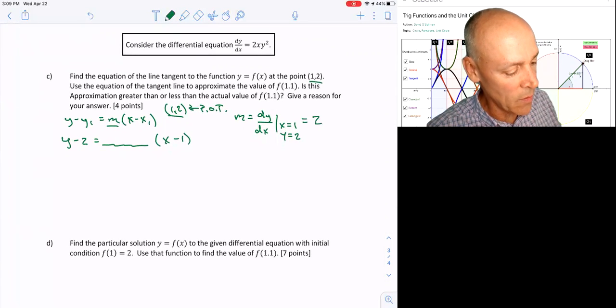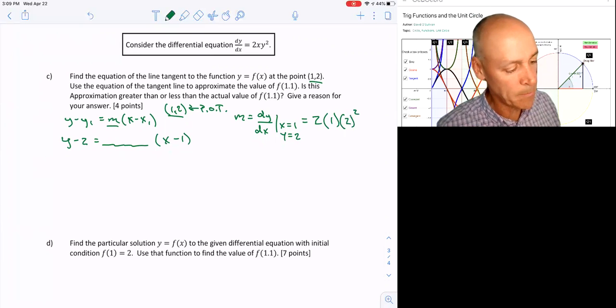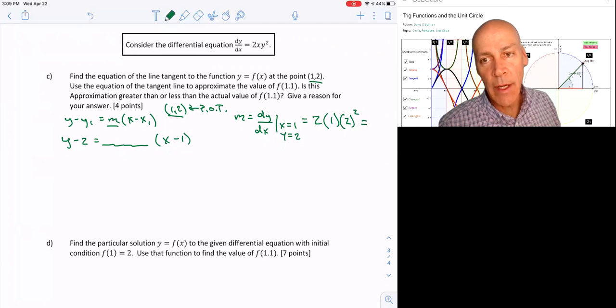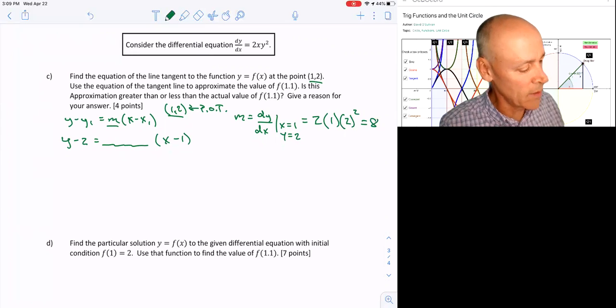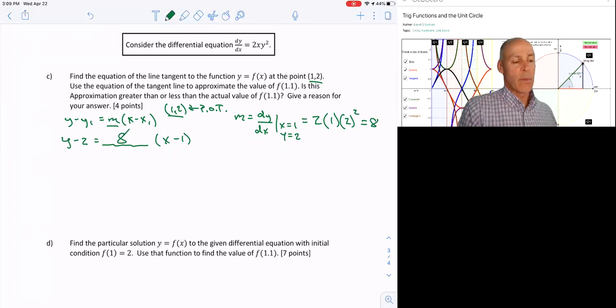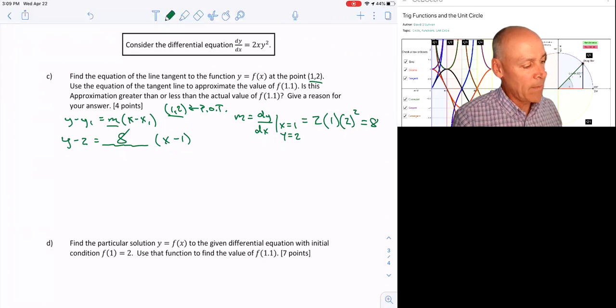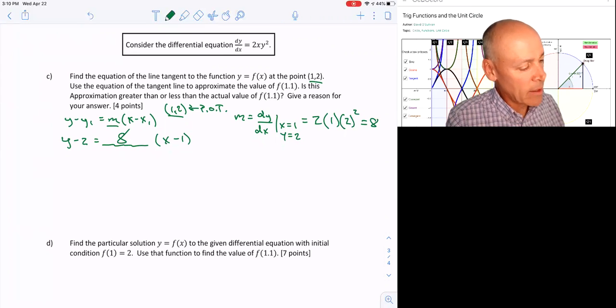So it's going to be 2 times my x value of 1 times y squared, which is 2 squared. Gosh, I know I said never simplify, but I just can't resist. So that's going to be 8. So that right there is my slope at that particular point. And that's my equation of a tangent line.